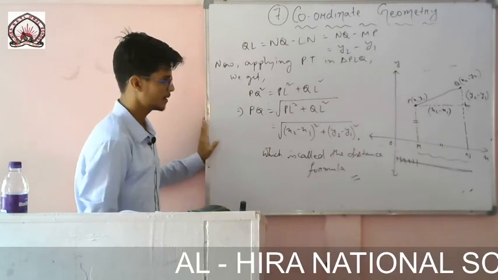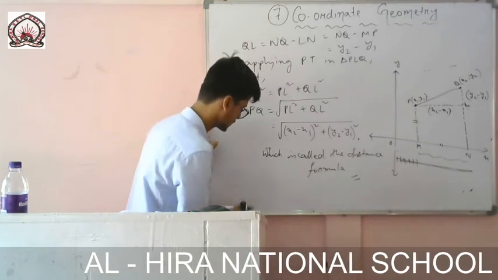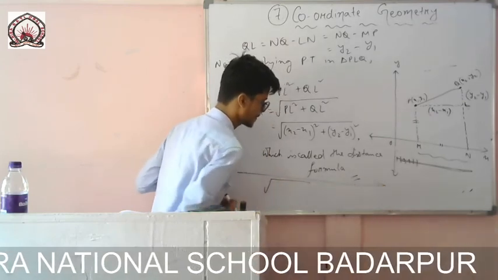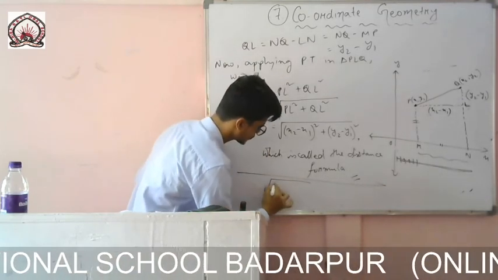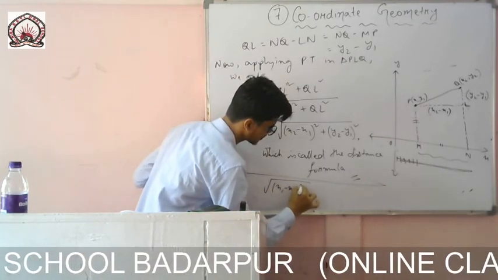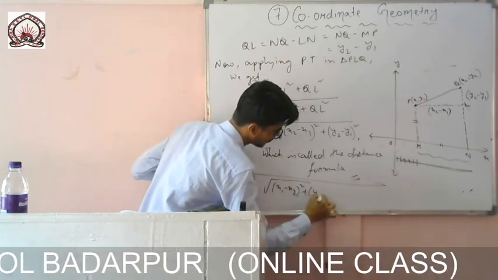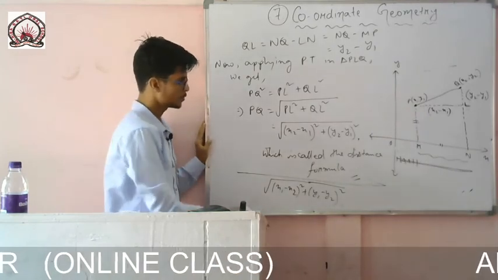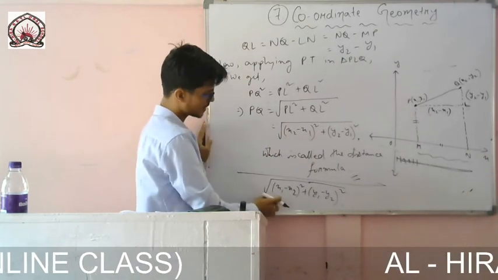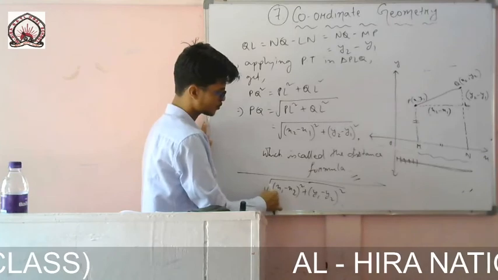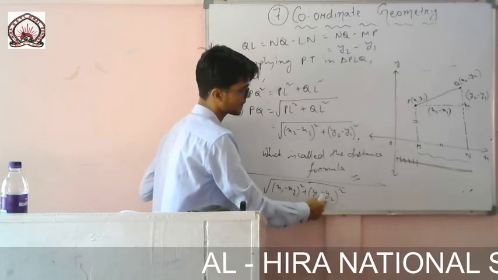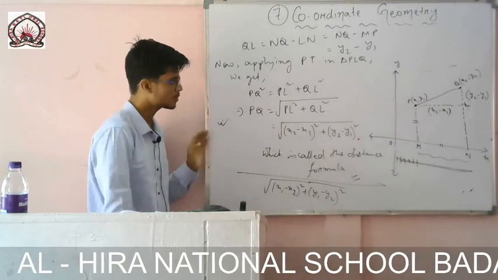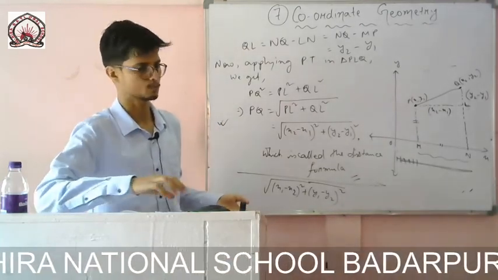This is an extra note. You can write it like this also: x1 minus x2 whole squared plus y1 minus y2 whole squared. Both are the same actually. Either you follow this one or you follow that one. It's up to you.